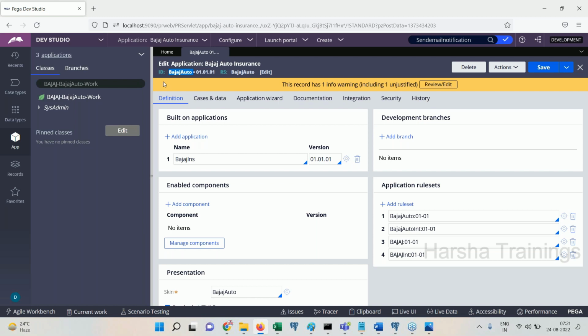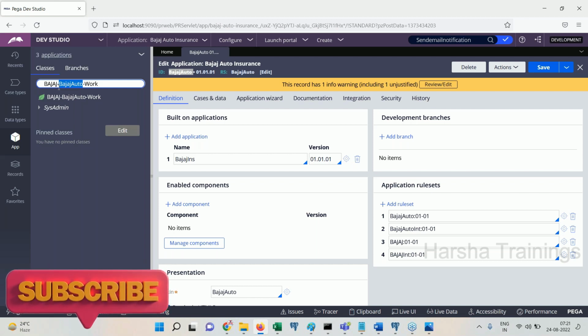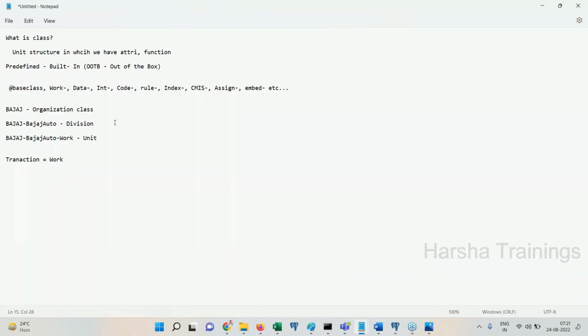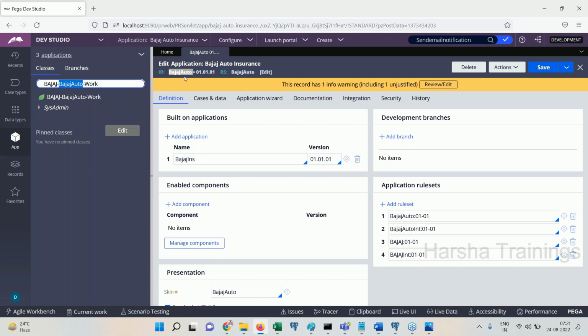The name of the application and the middle-level division class name both match. The first class is the organization name, the second class is the application name. So you may call this division class the application class, because the name of the class matches the name of the application.